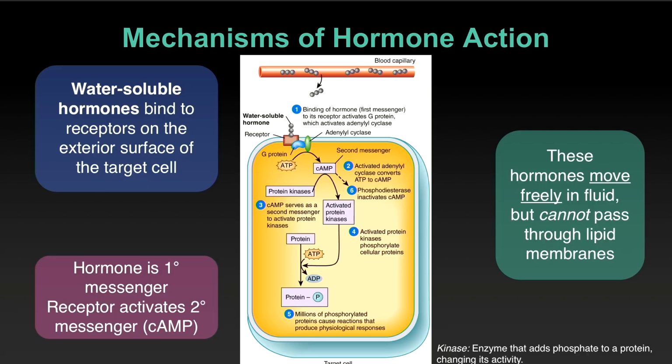It depends on the downstream cascade of proteins that are activated. And often this also results in the transcription of new proteins and new genes. But overall, the activity is affected. The activity of this target cell changes in response to the hormone.